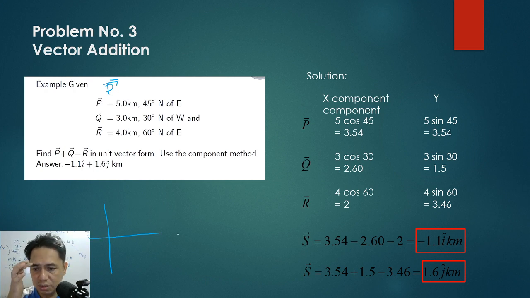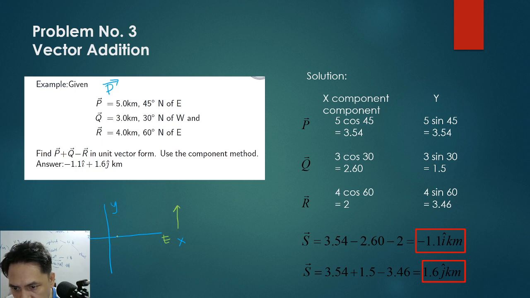Since this is just two dimensions, we have an x axis here and a y axis here. Now, 5 kilometers 45 degrees north of east. So this is the east. Let me use another pen color so that it will be clearer with a contrasting color. So this is the east side, and north is going there, right?